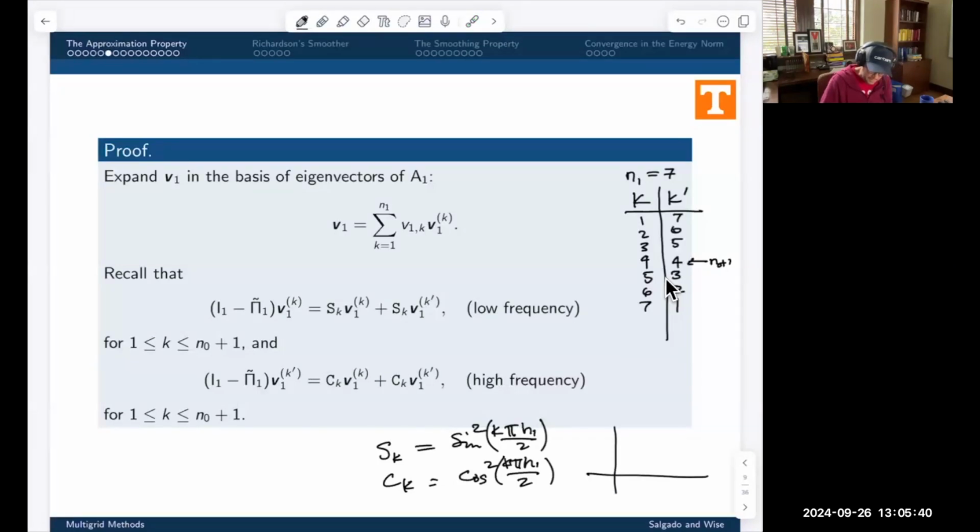One goes like this, I think it's the sine, and the cosine goes like this. They actually agree in the middle right here. And I'm plotting this along k, and so this is n0 plus 1. They agree right in the middle.